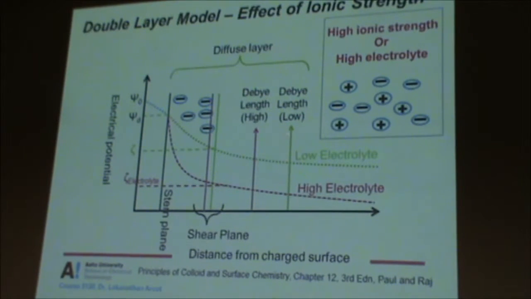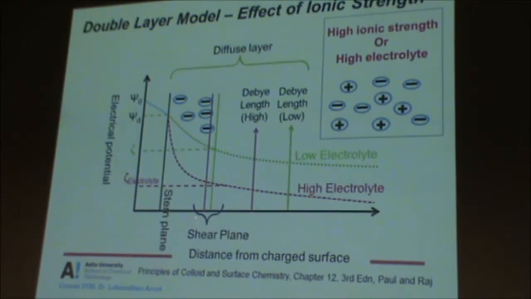In the low electrolyte concentration the Debye length is higher. The negative charges are repelling at 1 micron distance, and because the Debye length is higher, this particle pair will still experience higher electrostatic repulsion.